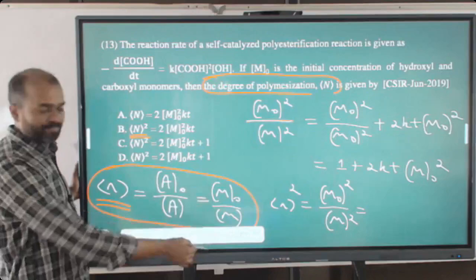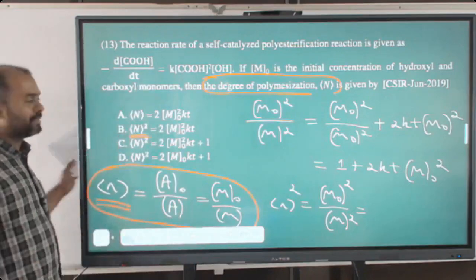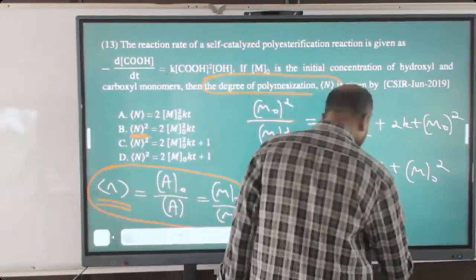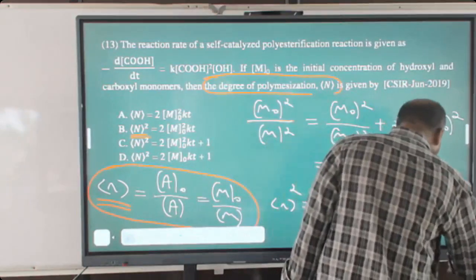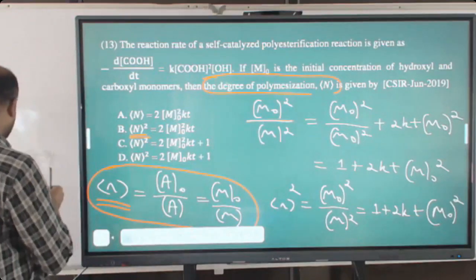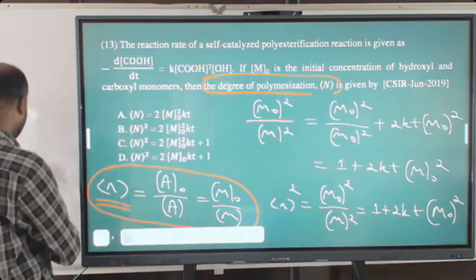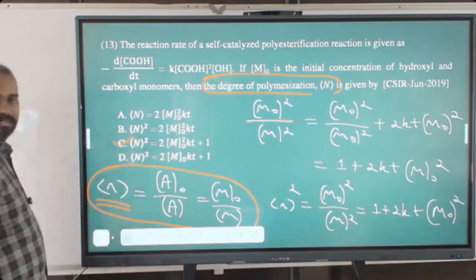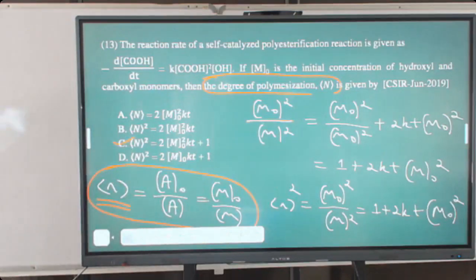N is equal to M0 by M, so N square is equal to M0 square divided by M square. That's 1 plus 2kt into M0 square. That's it. The answer is option C. Option C is the correct answer.